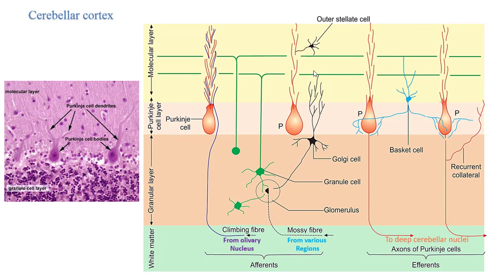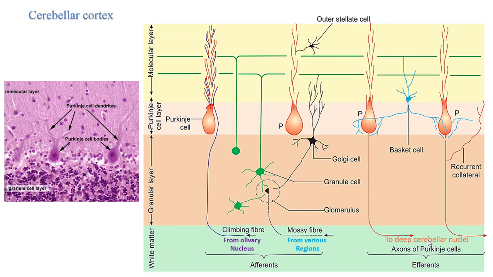The parallel fibers then synapse on Purkinje cells in the outermost Purkinje cell layer. Climbing fibers project to the Purkinje cell layer and form powerful excitatory connections with the Purkinje cells. The Purkinje cells then project to the deep cerebellar nuclei.